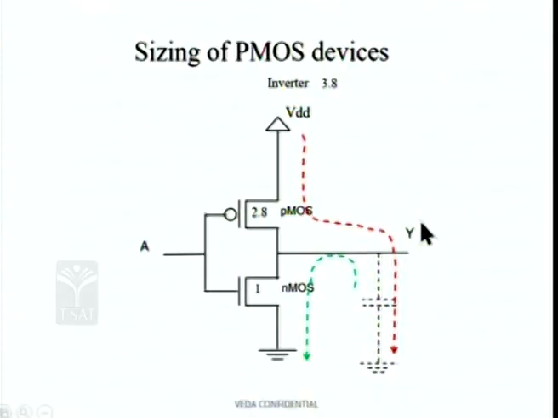The expression is the same, except that the mu value, which is the mobility for electrons, is higher than the mobility of holes by a factor of roughly 2.8. Therefore, if you take the same expression, the PMOS current will be 2.8 times less than the NMOS current.